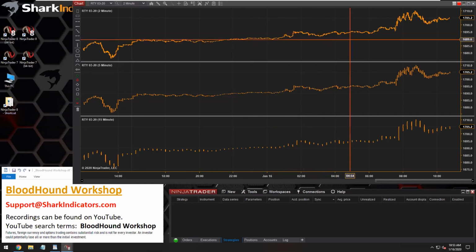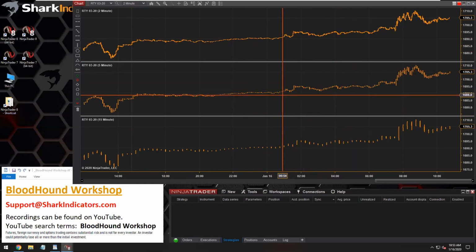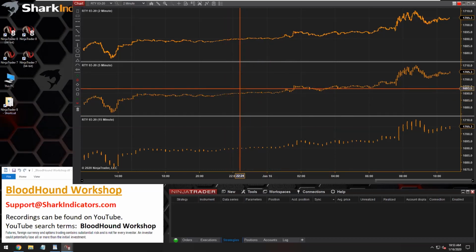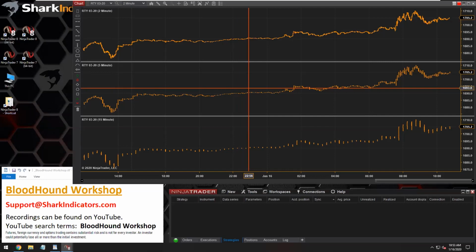So we have 3 time frames here, and we've had some confusion from customers, thinking that BloodHound is somehow... while BloodHound is definitely a unique indicator that no one's seen together, BloodHound is still an indicator, and so it's bound by the rules and framework that all indicators have to run in.